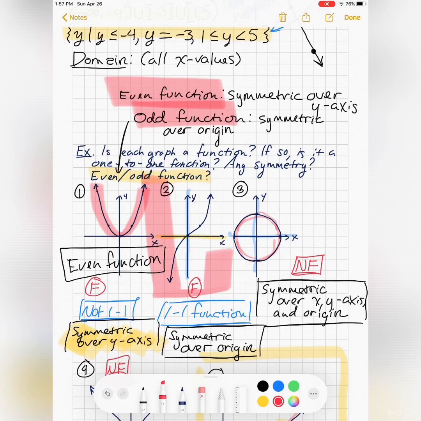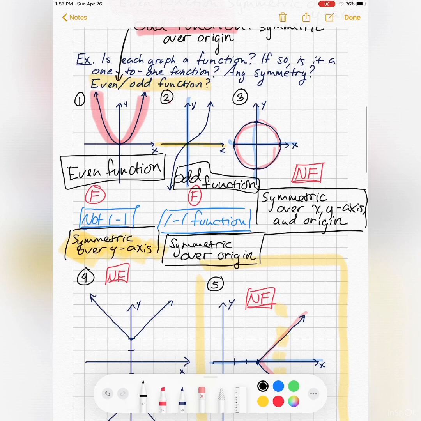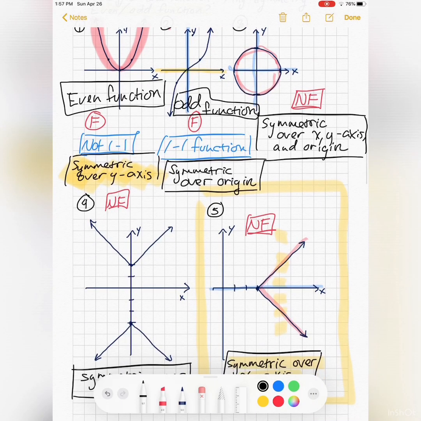That would be something like number 2 here. So we would call number 2 an odd function, symmetric over the origin. The others are non-functions, so I wouldn't apply those terms to any of the others here.